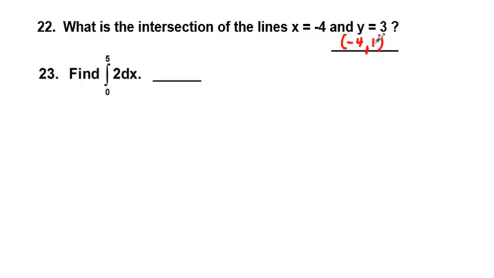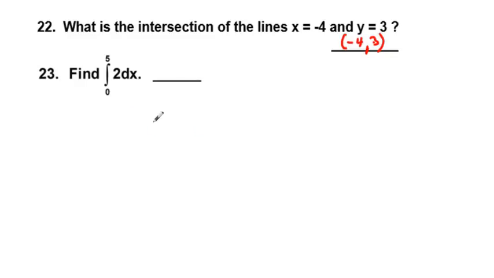Oops, that's not going to be 1, it's going to be 3. So we have negative 4, comma 3, y value is 3. And I think I saw 1 or 2 people who didn't put parentheses in place. Got to have parentheses, the two numbers separated by a comma.